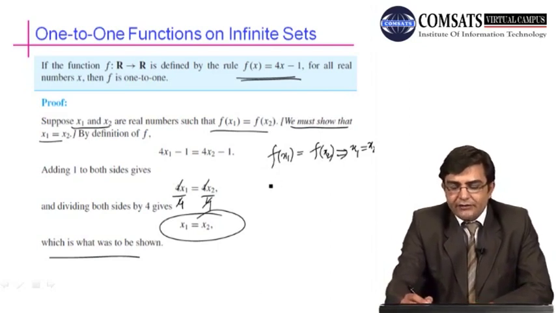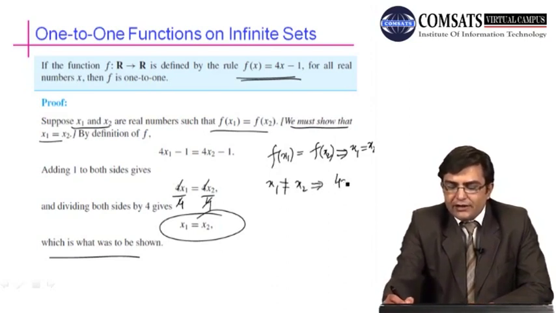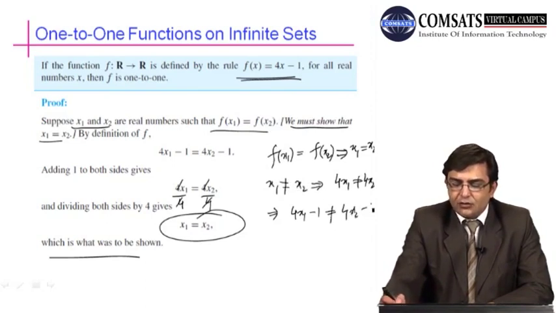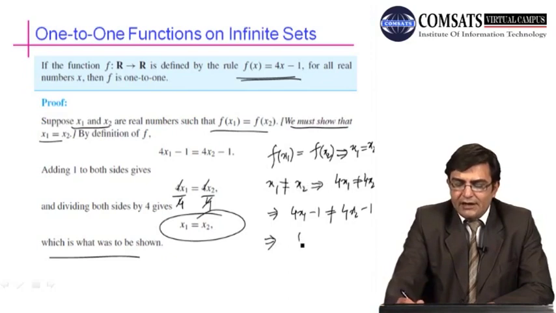For example, if we suppose x1 is not equal to x2, this implies 4x1 is not equal to 4x2, and this implies 4x1 minus 1 is not equal to 4x2 minus 1, and this implies f of x1 is not equal to f of x2.